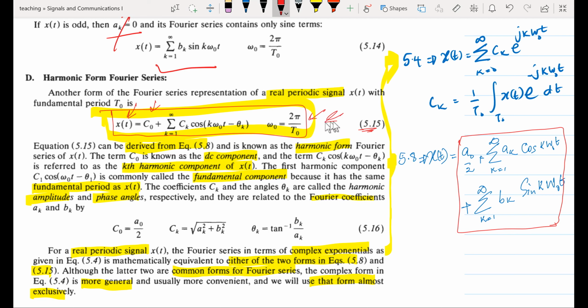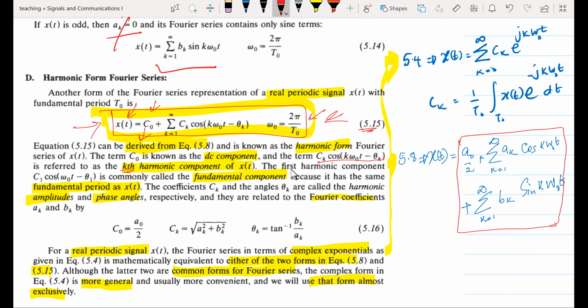The term C naught is known as the DC component, or the constant component, and the term Ck inside the summation sign is called the kth harmonic component of x(t). So you might have the first harmonic component of x(t), the second harmonic, or the kth harmonic component of x(t).